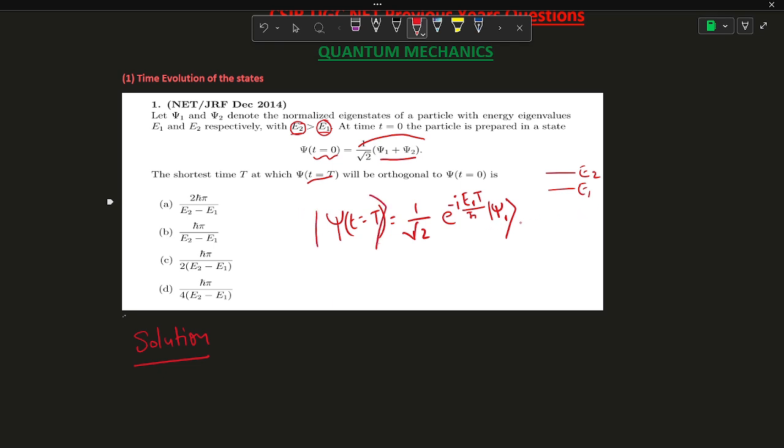Using Dirac notation is very simple. Plus e to the power minus i E2 t upon h cut, psi2.